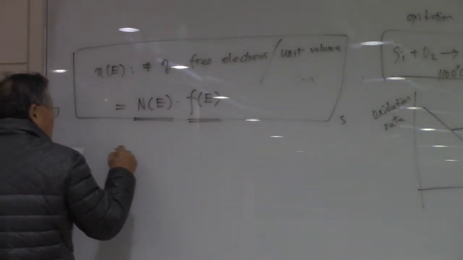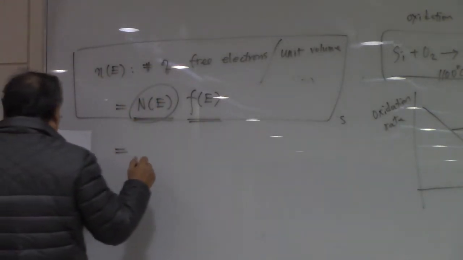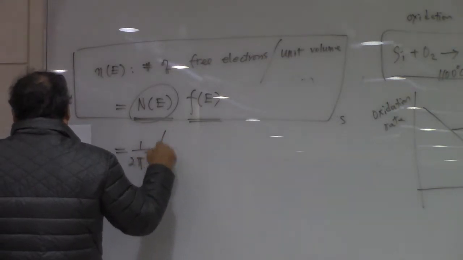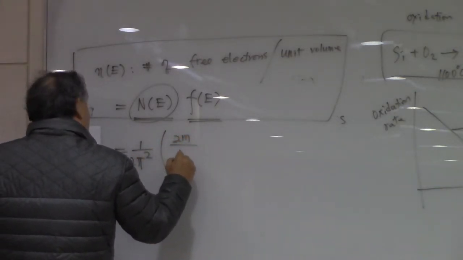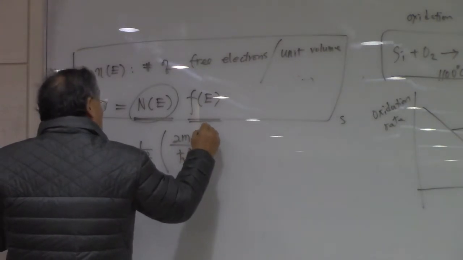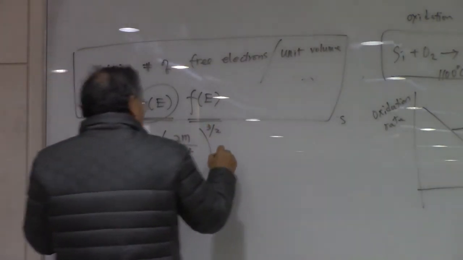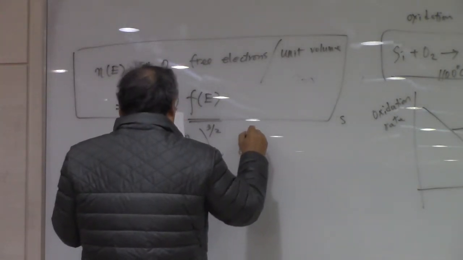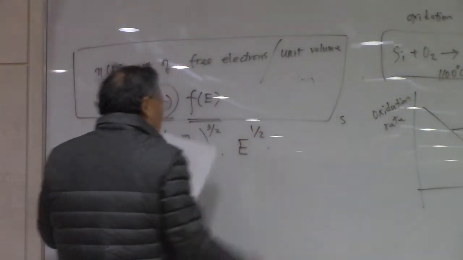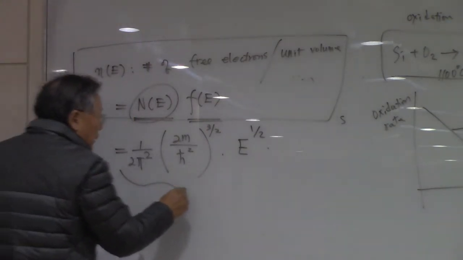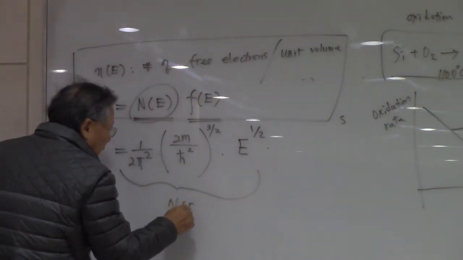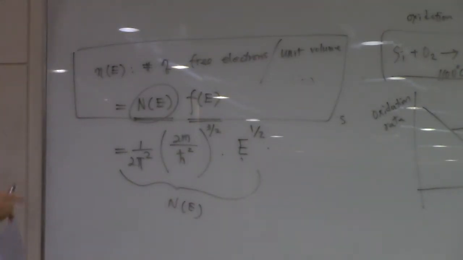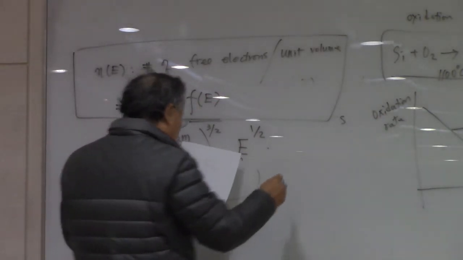We know this; we have calculated that, and it is 2π² (2m/ħ²)^(3/2), the N sub E, which is proportional to the square root of E, energy itself.